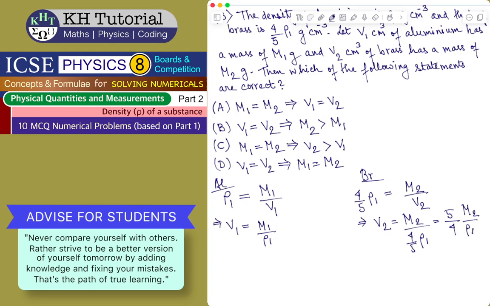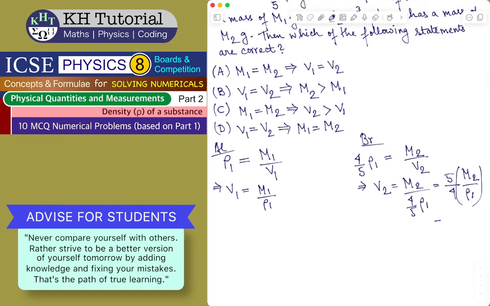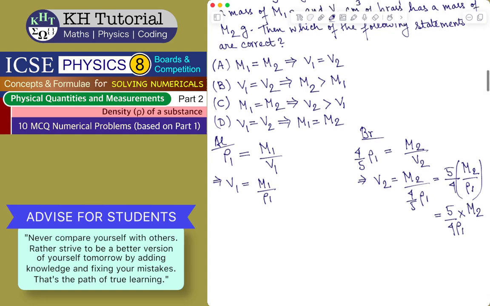So V1 is m1 by rho 1 and V2 is 5 by 4 multiplied by m2 by rho 1. So we have this.